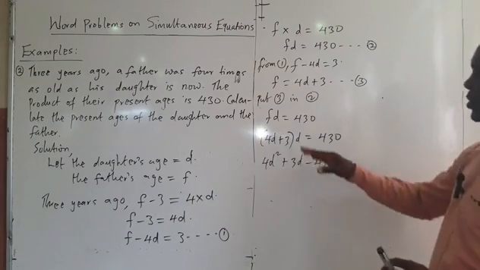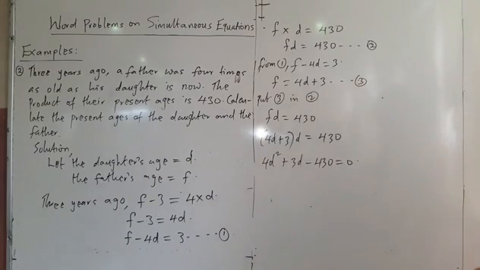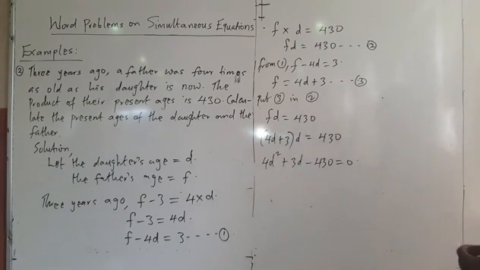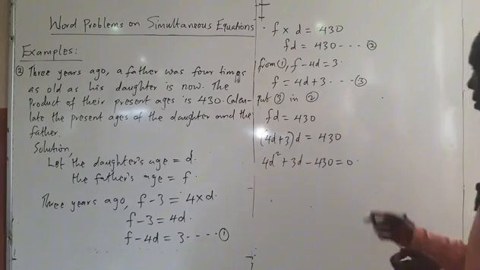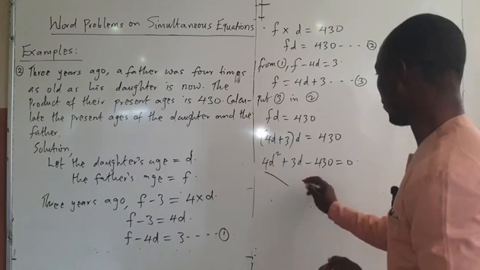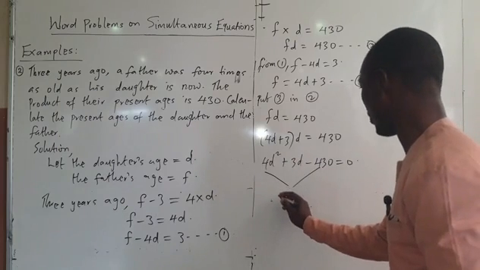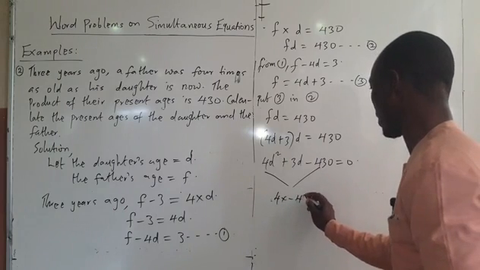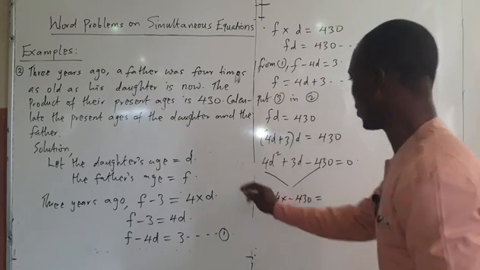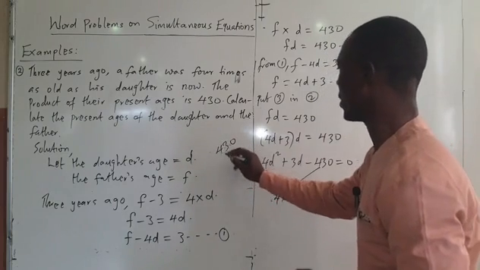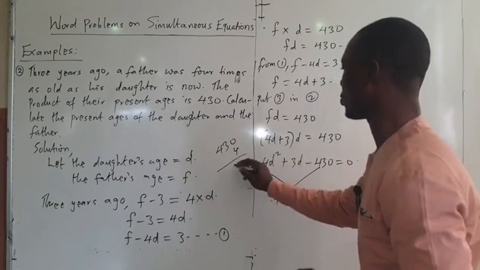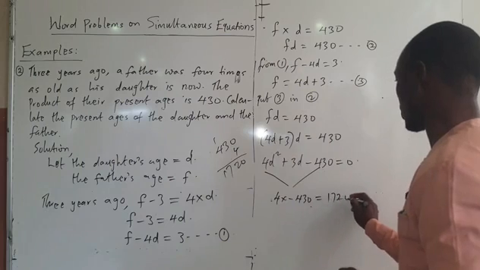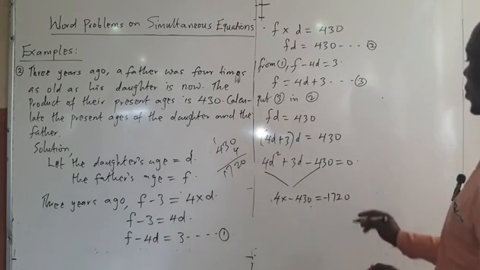This problem leads to simultaneous and at the same time quadratic equations. So we are going to solve this quadratic equation using the factorization method. So we have 4 multiplied by minus 430. 430 multiplied by 4 is 1720, that's minus 1720.